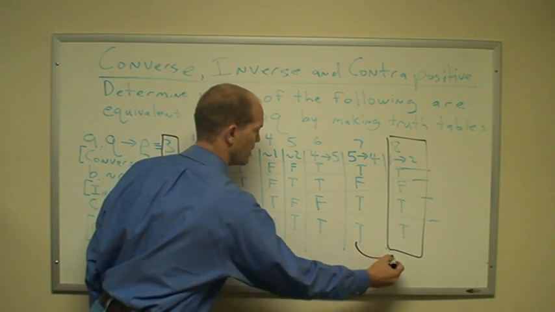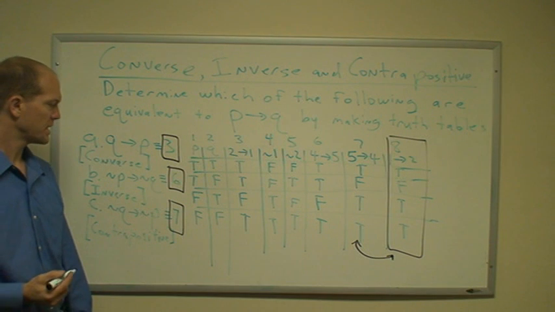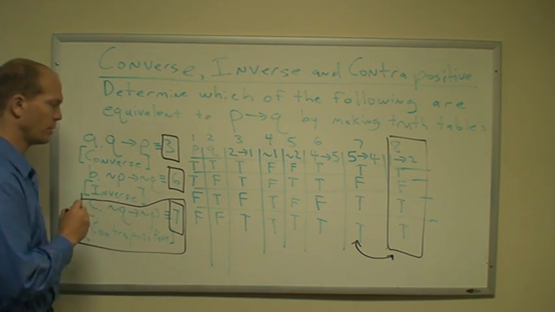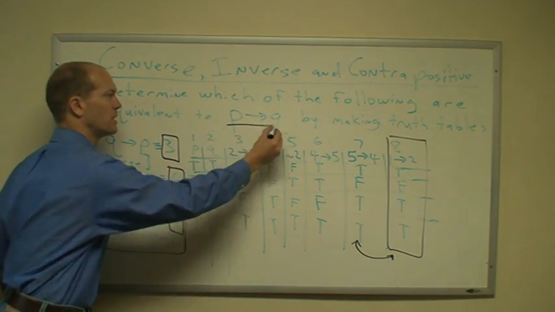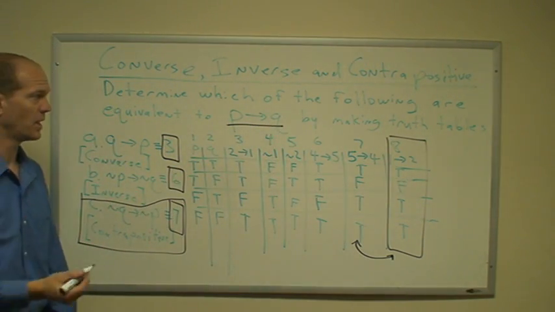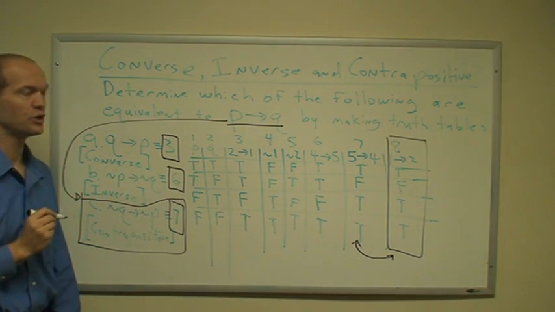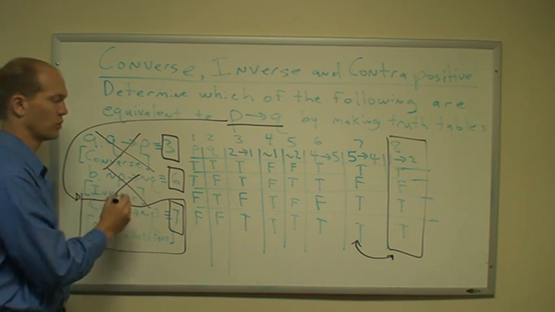But I see that 7 and 8 are the same. What that tells me is that the contrapositive is equivalent to the original conditional. One more time: the conditional is equivalent to the contrapositive, but not the converse and not the inverse.